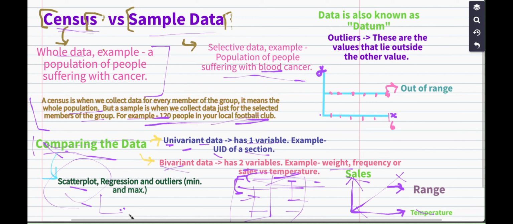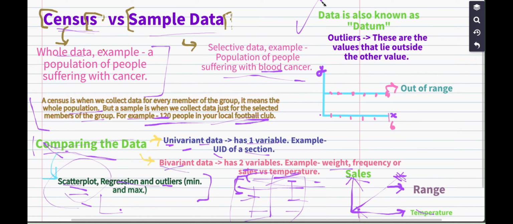So comparing the data is used for these types of things, like the scatter plot, regression, outliers, right? For the minimum and maximum, here you can see that the range has a maximum and minimum value. So this is basically the scatter plot, and this is the function of comparing the data. So this is all about today's lecture.